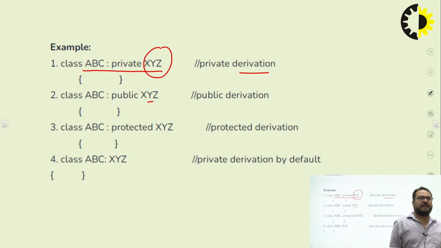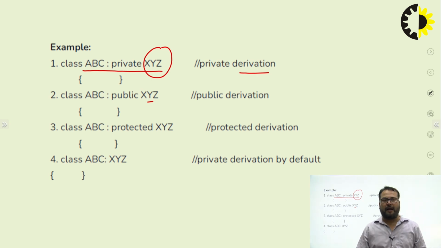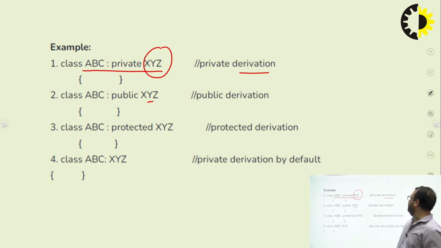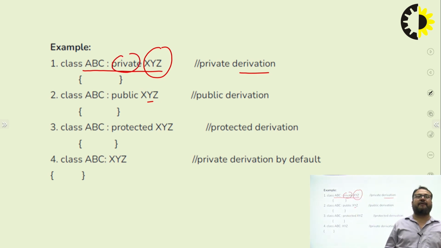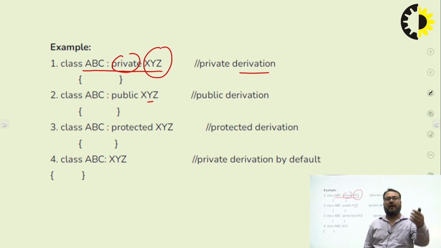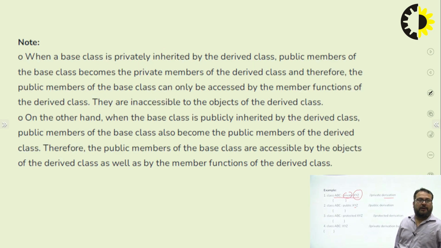If we do not mention private, by default the compiler will assign private.